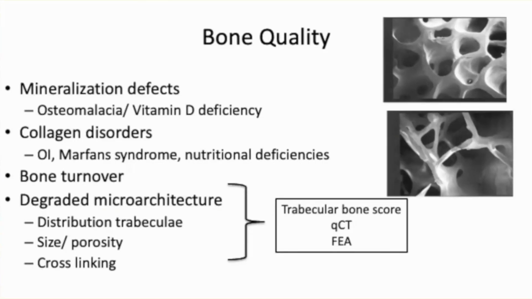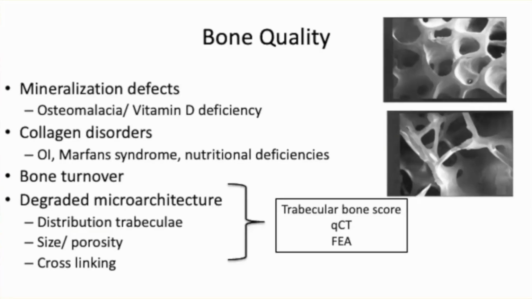Let's go on to the second component of that bone strength I talked about, which is bone quality. Bone quality refers to mineralization defects such as osteomalacia from vitamin D deficiency or renal disease or other metabolic bone conditions, collagen disorders such as OI or Marfan syndrome, nutritional defects, and then high or low bone turnover also has bone quality issues.